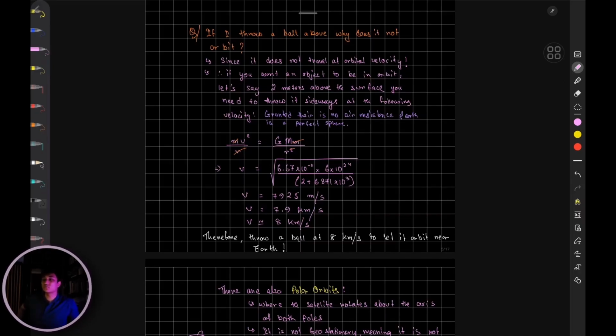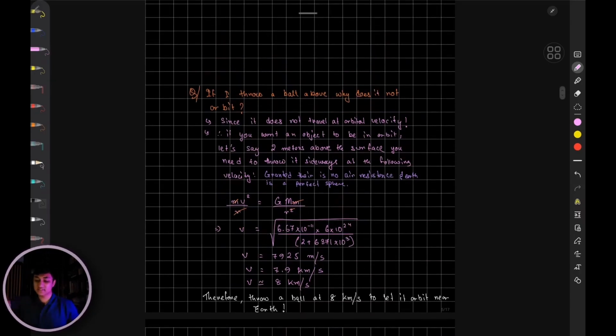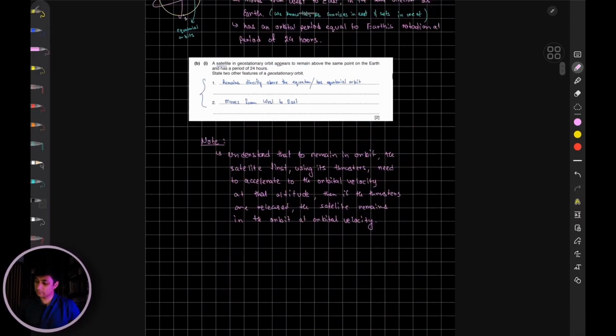Why does it fall towards the surface of Earth after a certain point, whereas a satellite keeps orbiting? I sort of answered this in the previous part, that it needs to reach a certain orbital velocity before it can continue its orbit around Earth.